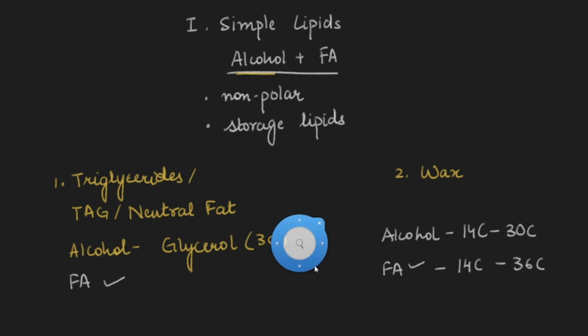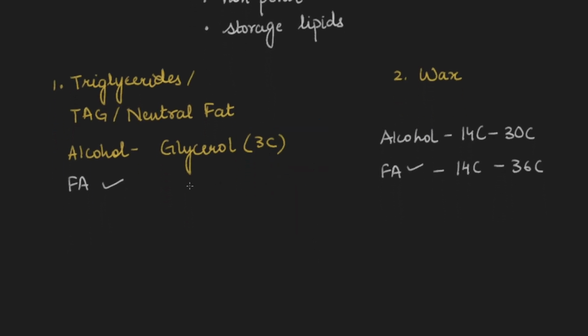Let's have a look at the general structure of glycerol. Glycerol has only 3 carbons, so there are only 3 sites where fatty acids can attach. A fatty acid can attach here, here, and here. The linkage between glycerol and fatty acid is an ester linkage.